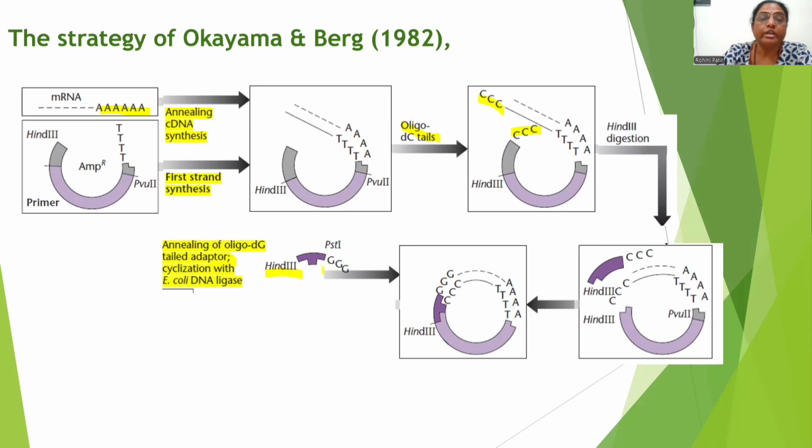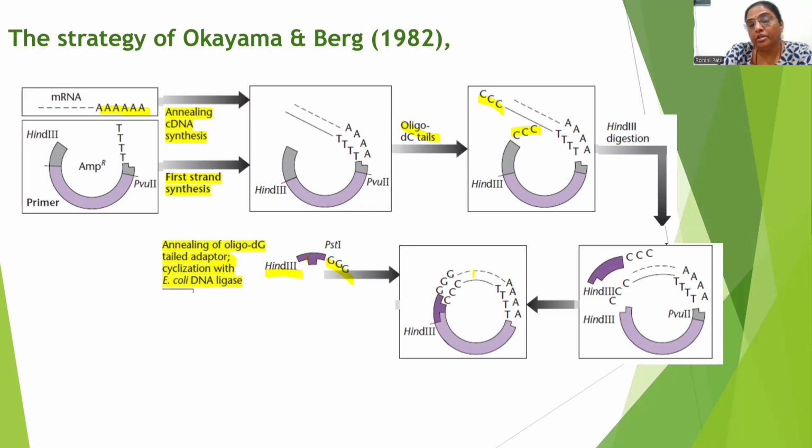After generation of the HindIII ends, with the help of the enzyme there is an addition of oligo dG, guanines, which are added to the HindIII ends. This HindIII adapter is now allowed to ligate with the vector.